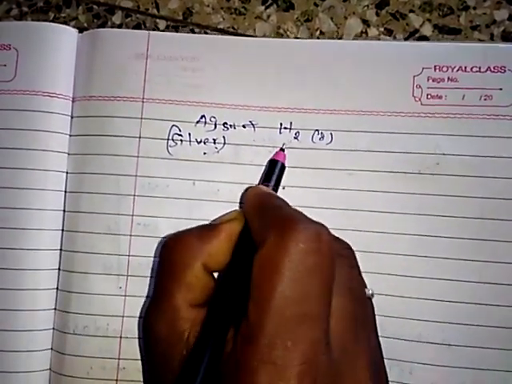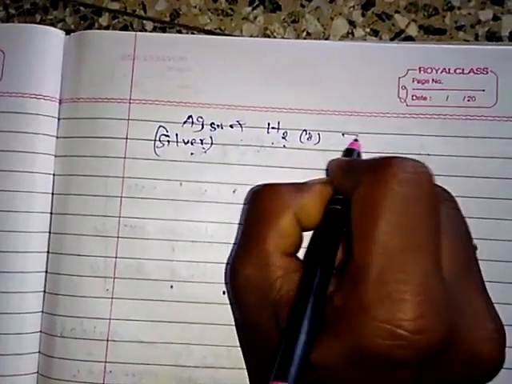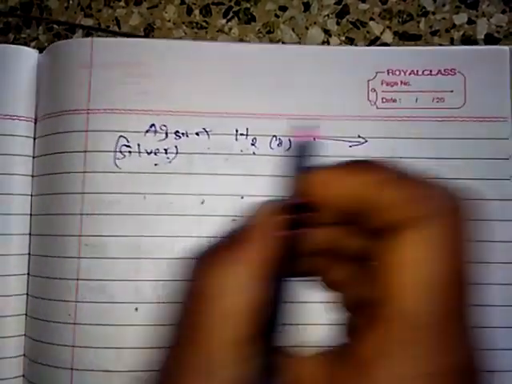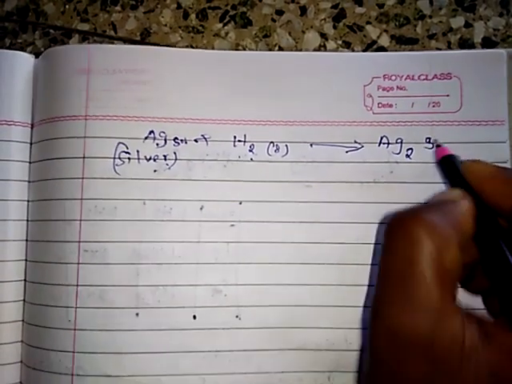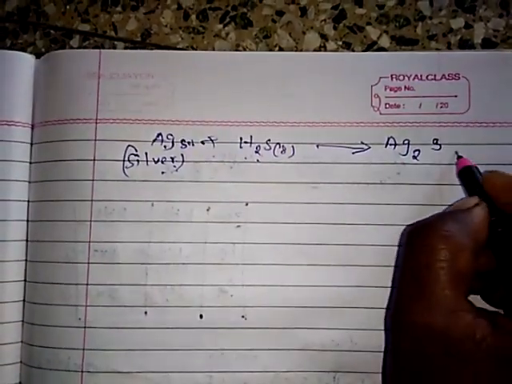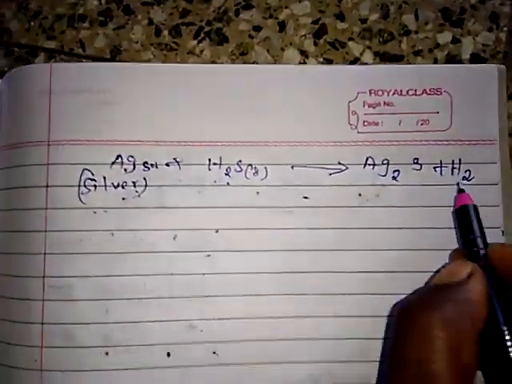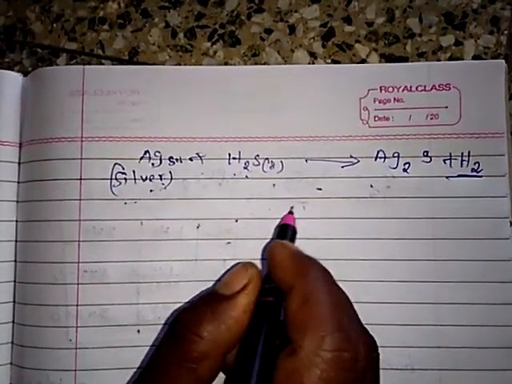Ag reacts with the hydrogen sulfide, which is responsible for this black coating.